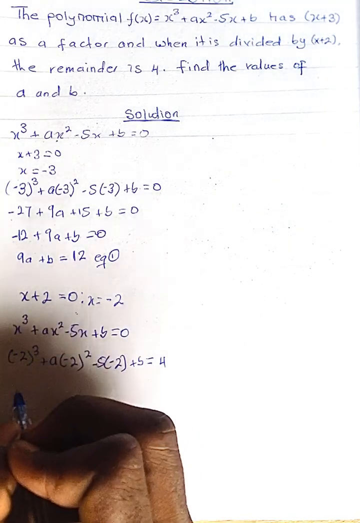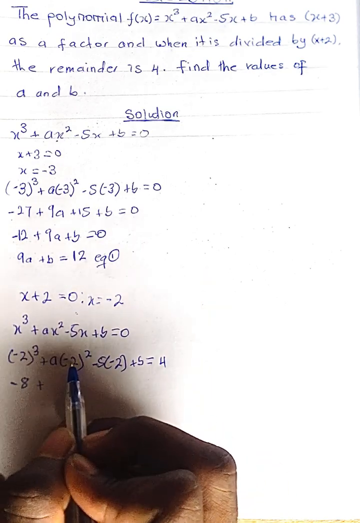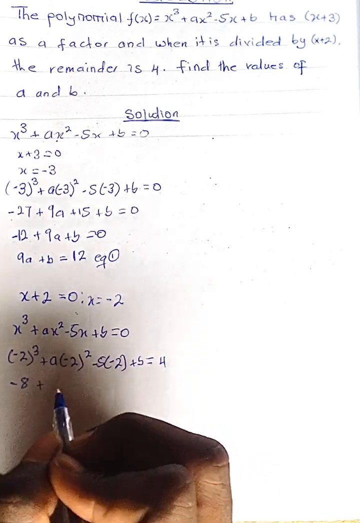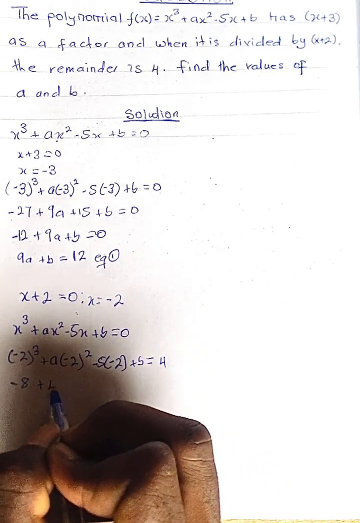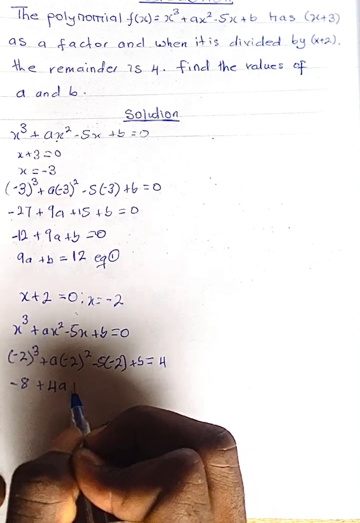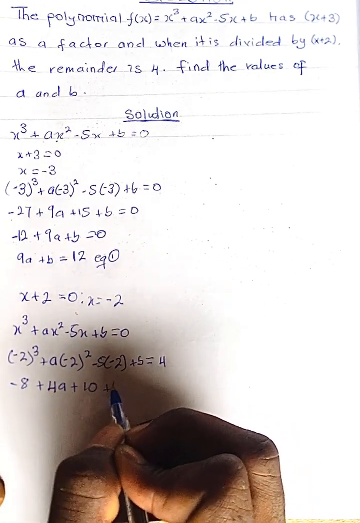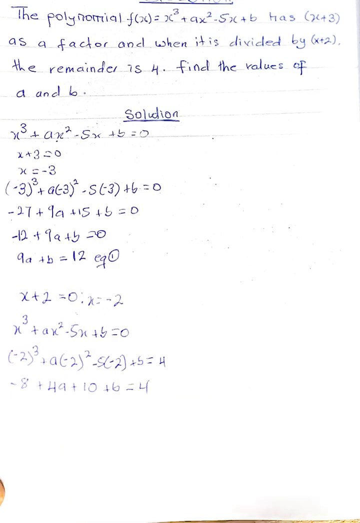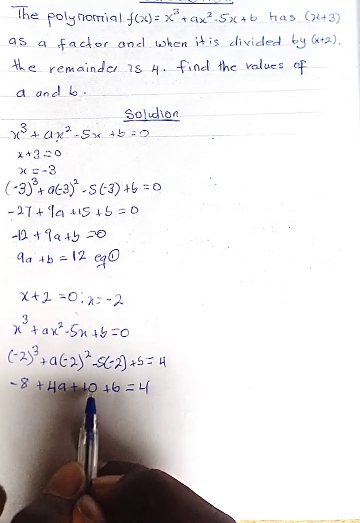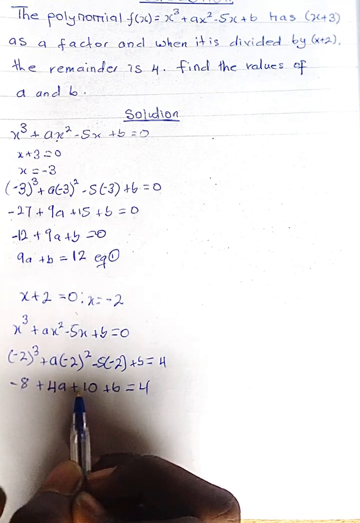So we have negative 8 plus, negative 2 to the power of 2 is 4, so 4a, plus 10, plus b is equal to 4. When we solve this, let's add negative 8 to positive 10.